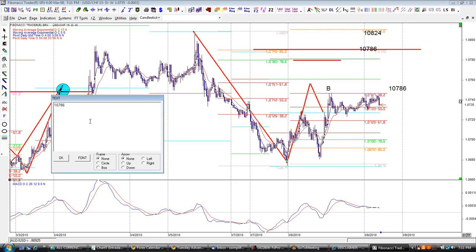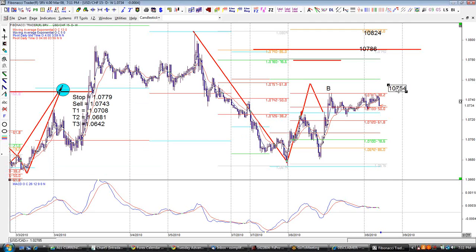A good first profit would be 0754, but this is not good risk reward.